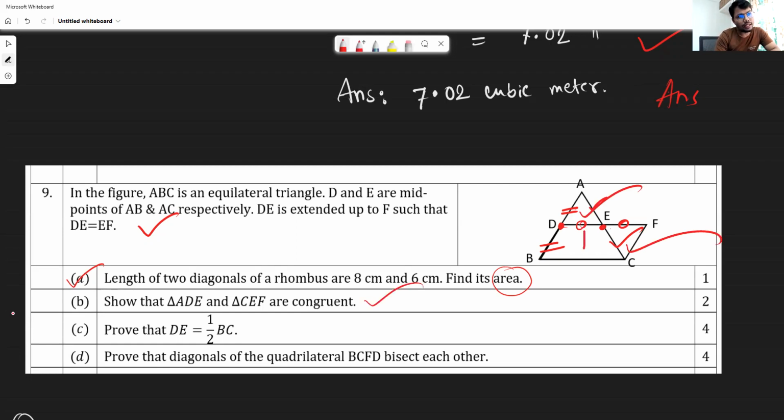Also show that DE is half of BC. Then the next question: DFBE is a parallelogram, and we have to prove the diagonals of the parallelogram bisect each other.